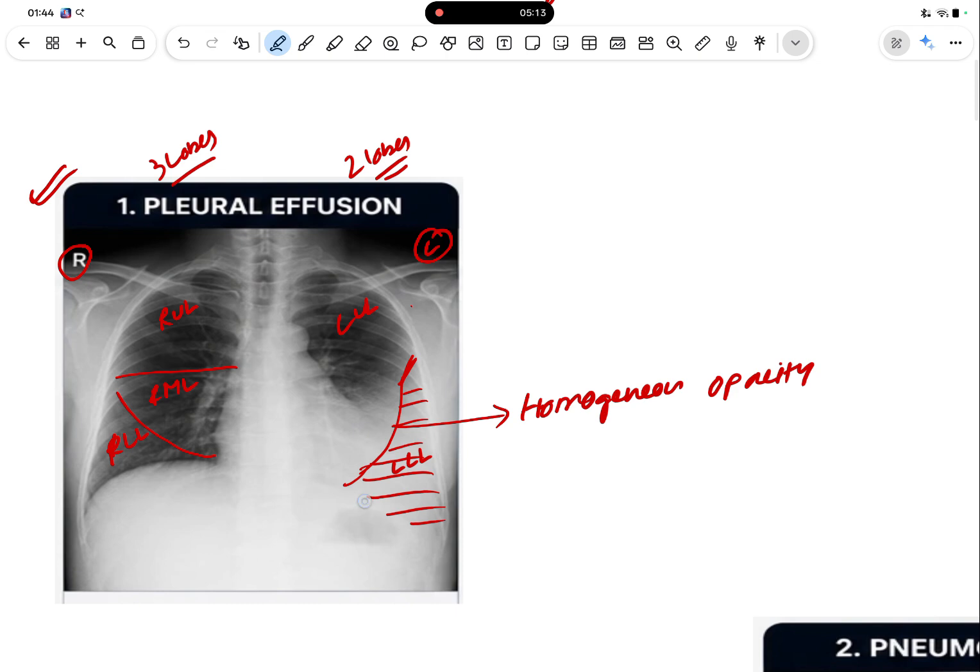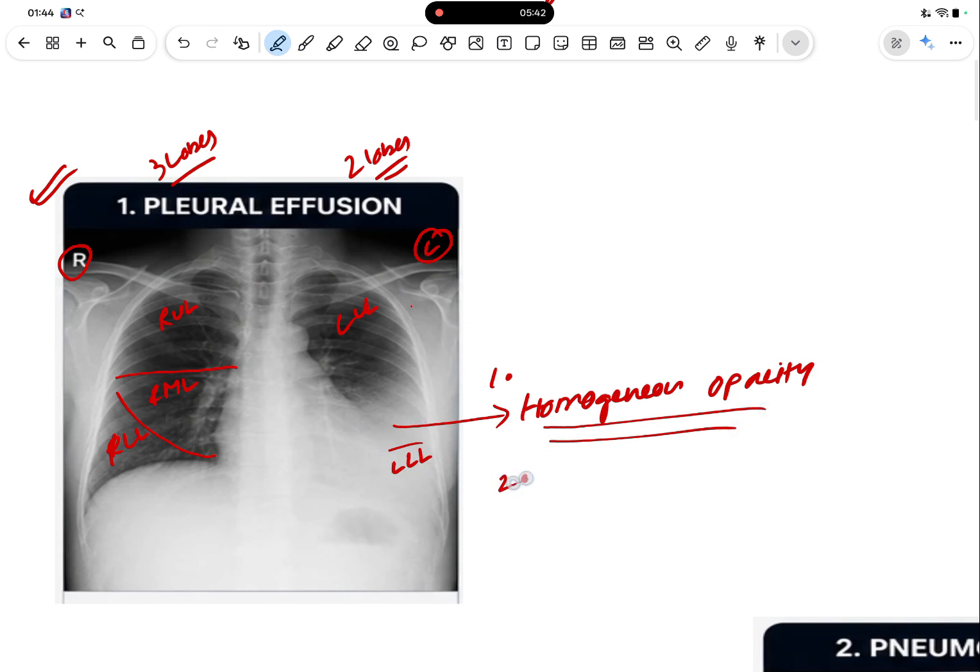So there is fluid in the pleural space. How to identify that it is pleural effusion on a chest X-ray? There will be homogeneous opacity, meaning there is no gap in between the opacities.